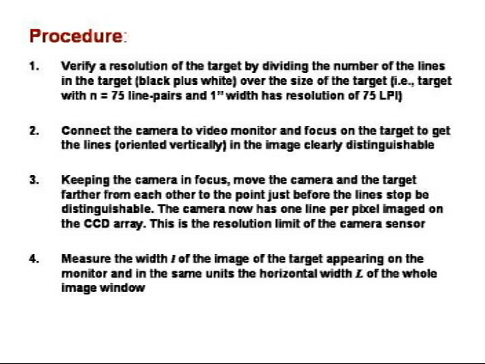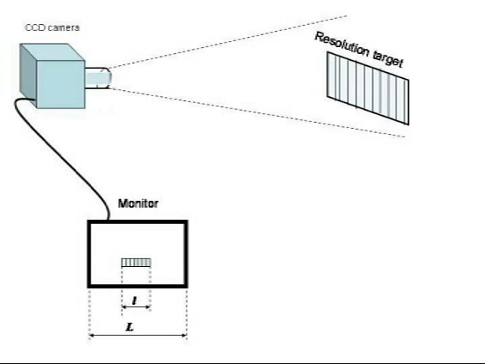Then you measure the width of the image of the target, lowercase l, and you measure in the same units the horizontal width of the whole image window. It's capital L. Please look at the figure. They clearly are shown in the figure. So lowercase l is the image of the target on the monitor, and capital L is the width of the full image received by your camera.